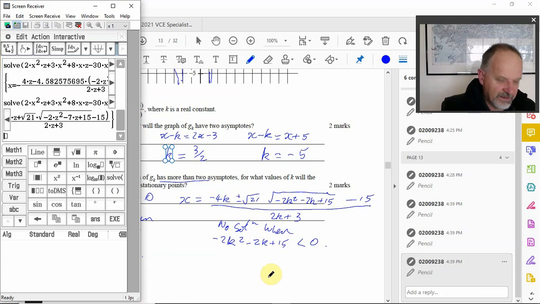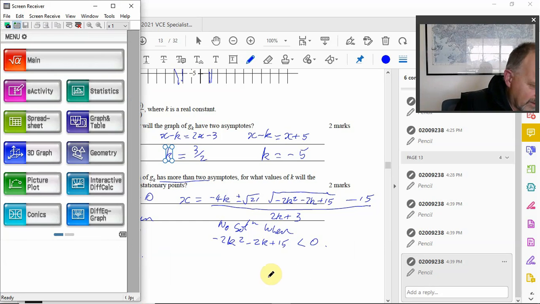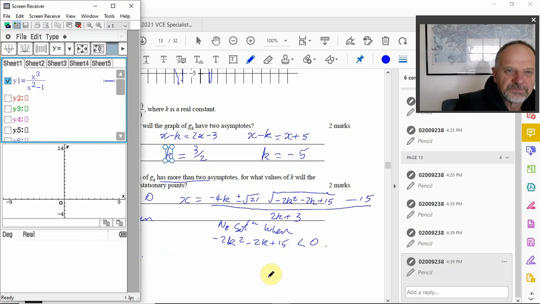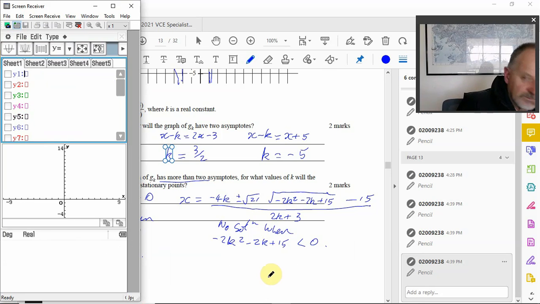So let's go to our calculator and graph that stuff. I'm going to do that this time on graphs and tables. Let's get rid of that one. So what am I graphing?